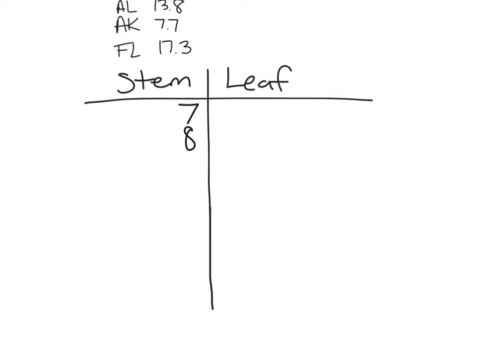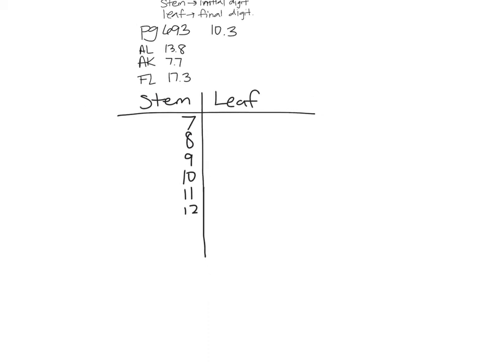So your stem is going to be the first digit of the number. So 7, 8, 9, 10. I know I say digit, but it can be digits. 11, 12, and you're just going to keep going all the way up to the most, which was 17.